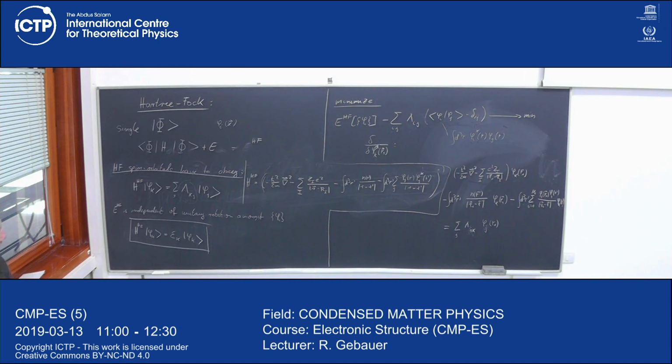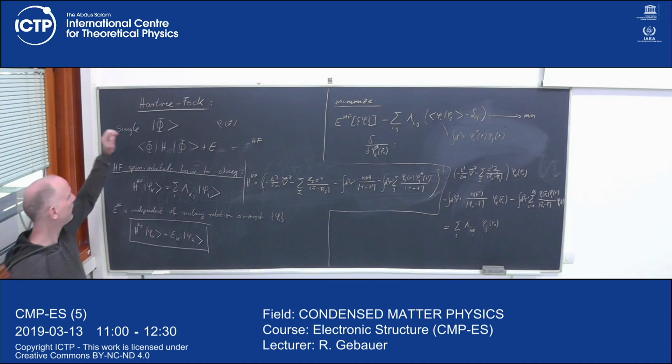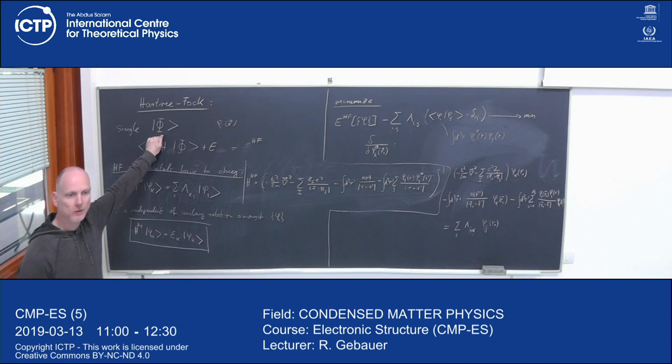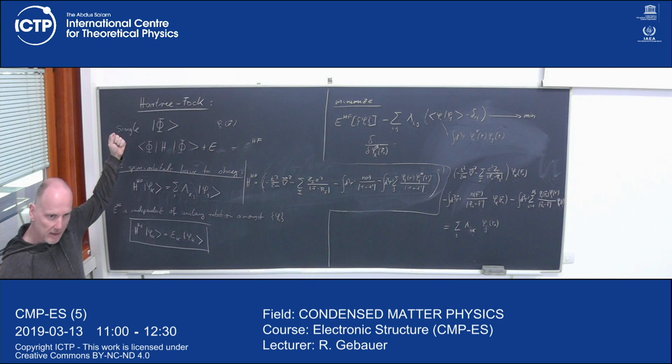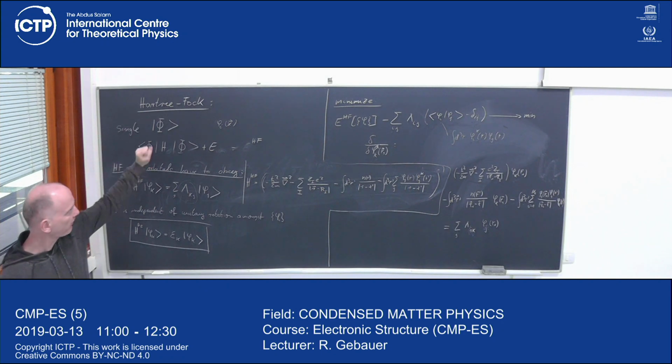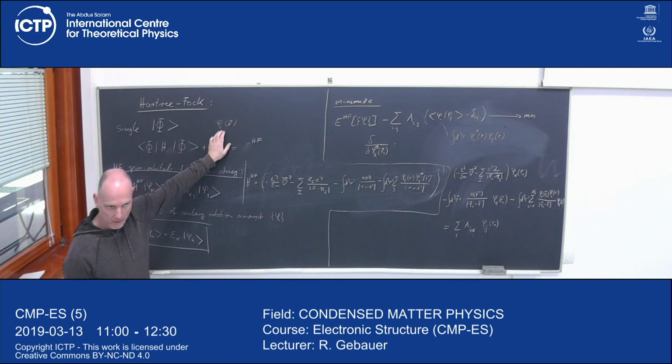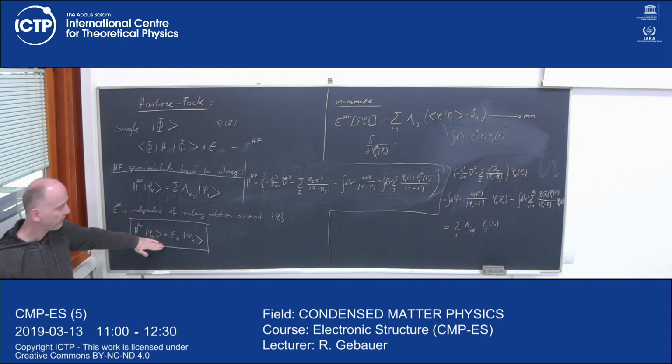So in the very end, in Hartree-Fock theory, we start with an approximation to the many-body wave function as a single determinant. It leads us to an expression for the energy. Minimizing the expression for the energy with respect to the unknown orbitals brings us to an equation which looks like a Schrödinger equation for the orbitals. And this is something we are very much used to.